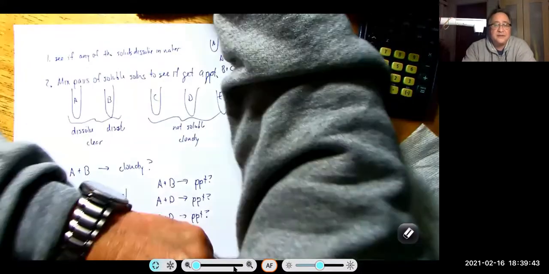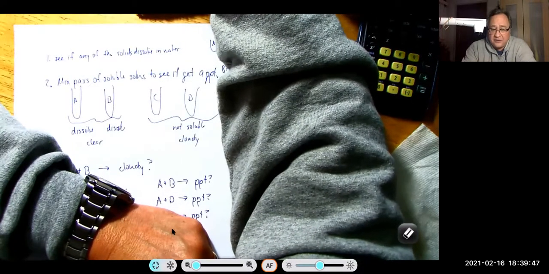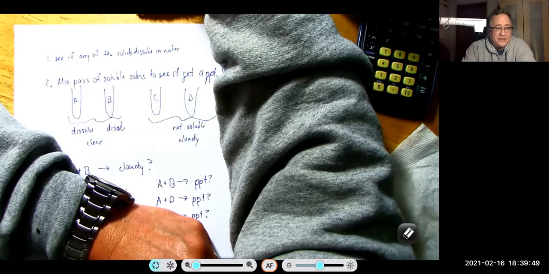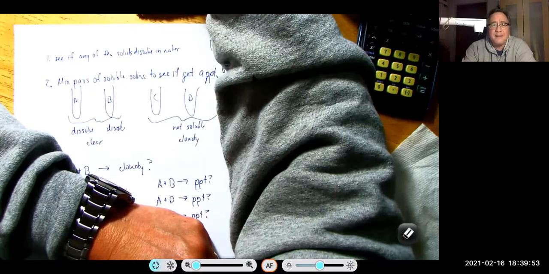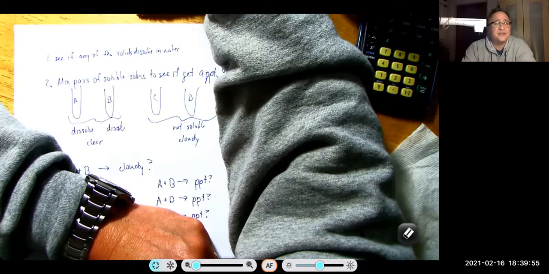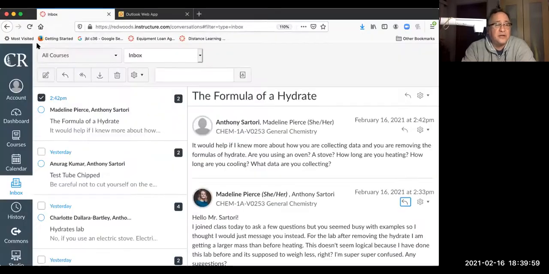So let's take a look at the actual lab description. And so I'm going to change my share to the lab itself. So I'm going to Firefox. We're going to go here. We're going to go to the class.